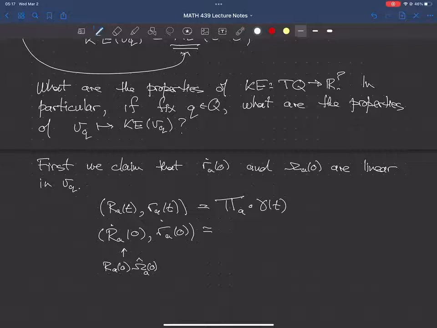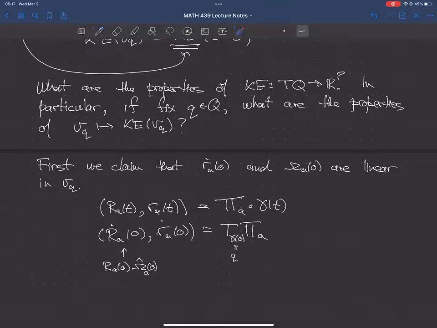The derivative of pi A, a mapping between Q and SO3 cross R3, so a mapping between manifolds, we differentiate at the point gamma of t, where t is equal to 0. But this point is just Q. Gamma is a curve at Q.